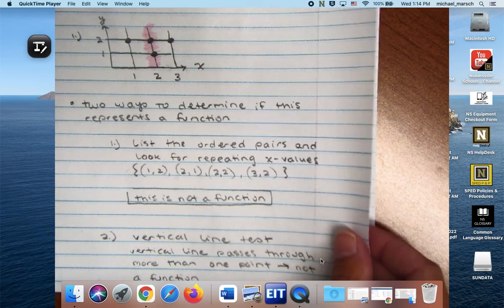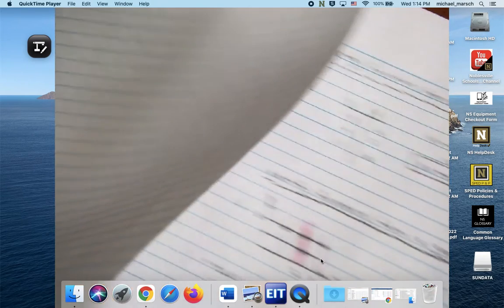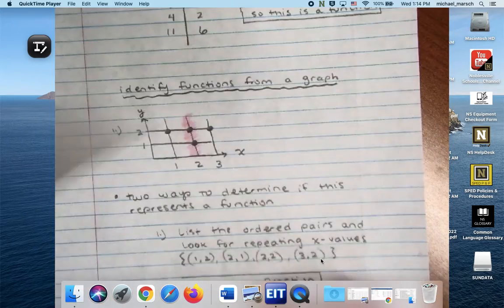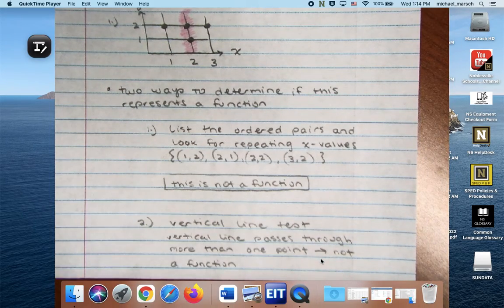Okay, we have one more example on the next page. Is anybody still copying this? Does anybody still need this? Okay.